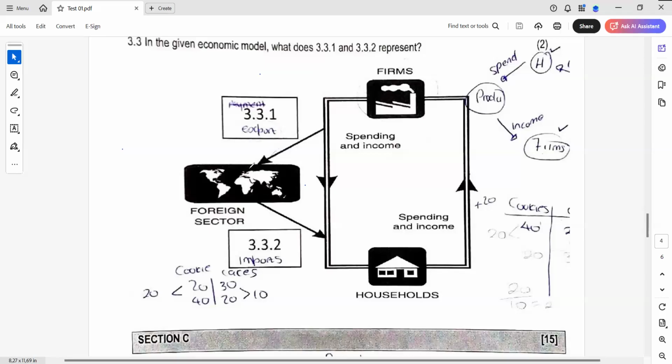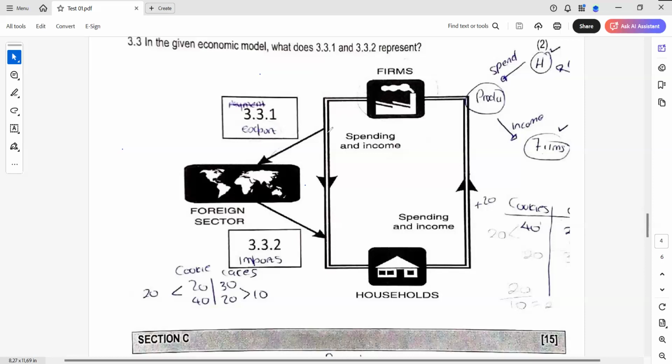This arrow can just represent exports, meaning that goods are leaving from the firms to the foreign sector. So the foreign sector is purchasing our goods, which are exports, right? And exports are an injection in the economy because the foreign sector is going to pay for these goods.